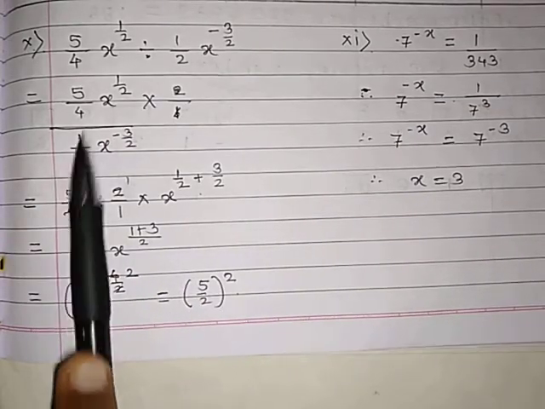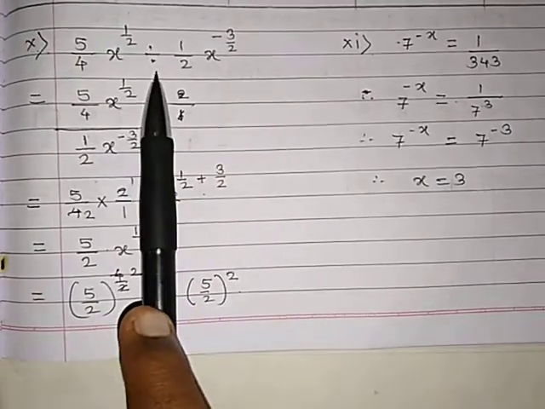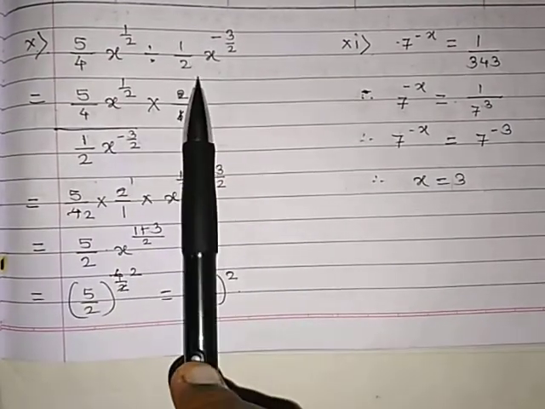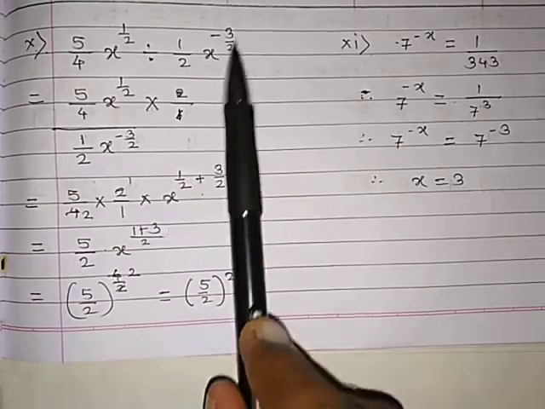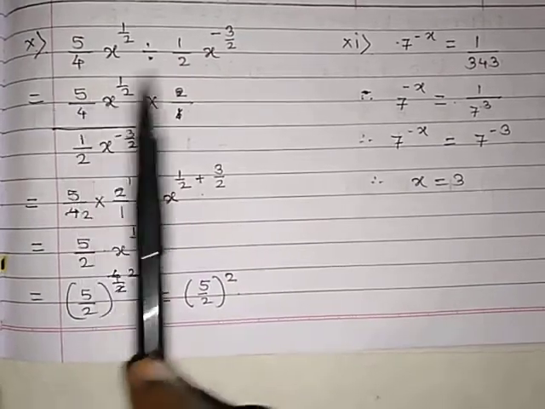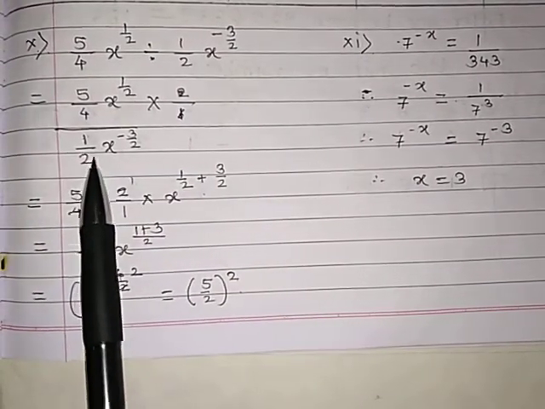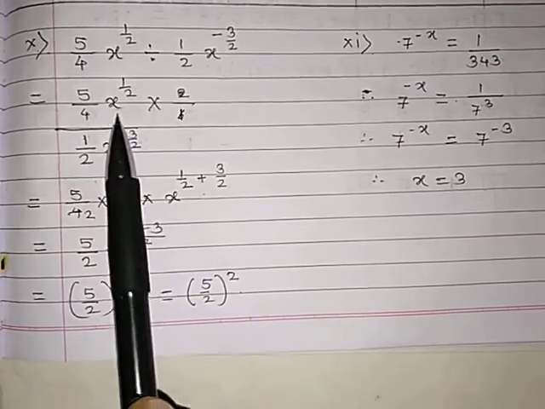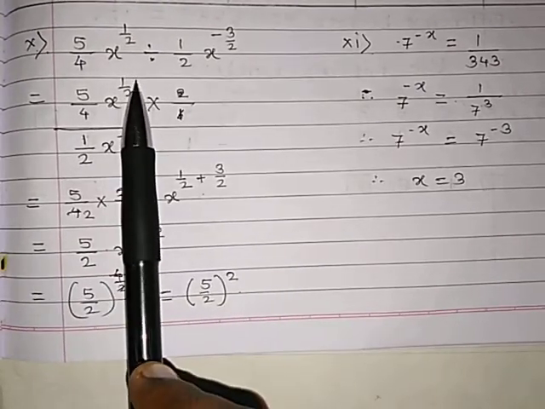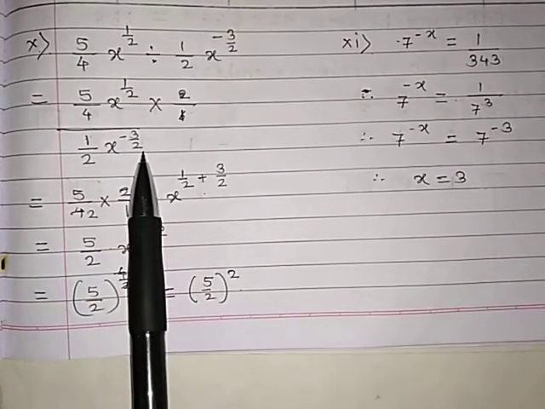Next example, 5 upon 4 into x raised to 1 upon 2, divided by 1 upon 2 into x raised to minus 3 upon 2. Now we have to divide these terms. 5 upon 4 divided by 1 upon 2, and x raised to 1 upon 2 divided by x raised to minus 3 upon 2.